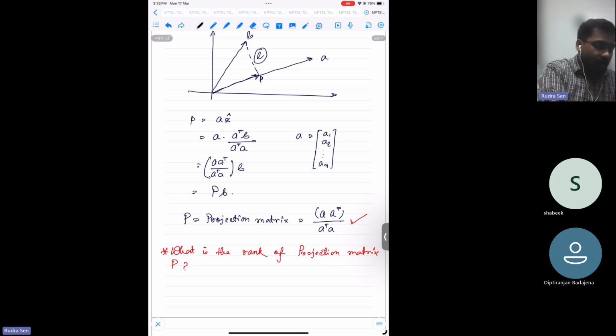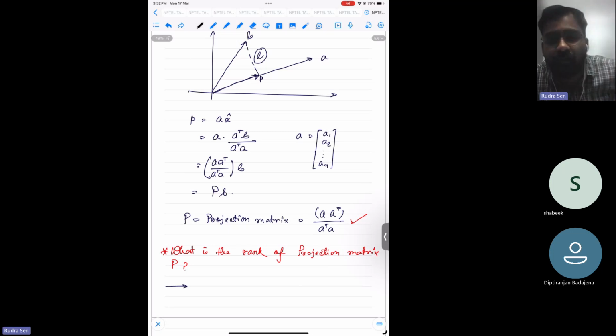So what is the rank of this projection matrix P? What would be the answer? Please join in to give some answer.